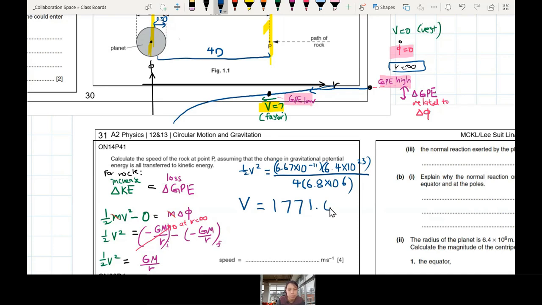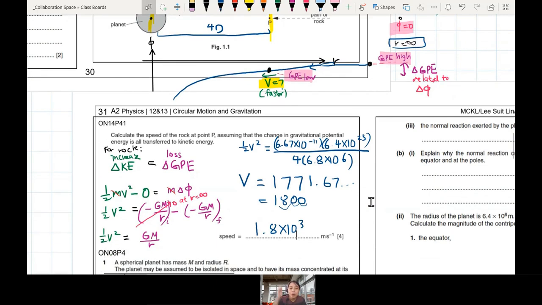Okay, 1771.67, blah, blah, blah. We can round it off to 1800, 2SF. Or if you want to write in standard form, this will be 1.8 times 10 to the 3 meters per second. Can write like that. Rounded. Your values might be slightly different.